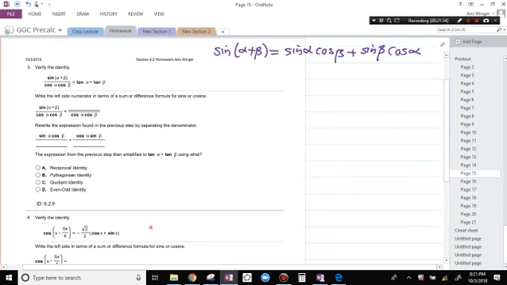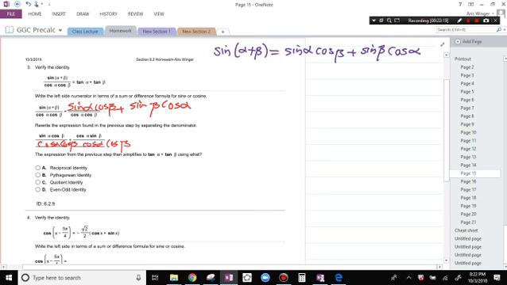All right, so then we're gonna write sine alpha cosine beta plus sine beta cosine alpha. And then you leave these denominators the same, cosine alpha cosine beta, cosine alpha cosine beta, right?